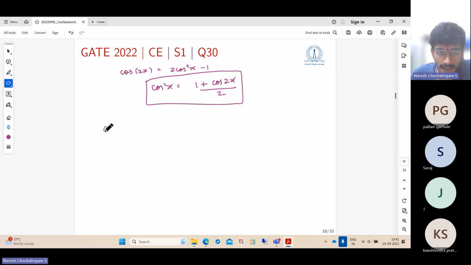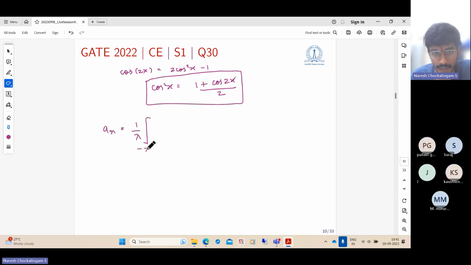So you get an is equal to 1 by pi integral minus pi to pi, 1 plus cos 2x by 2 the whole square cos nx dx. So 1 by 2 square, let us take it out. We get 1 by 4 pi, since 2 square is 4, integral minus pi to pi. Let us expand this, a plus b the whole square.